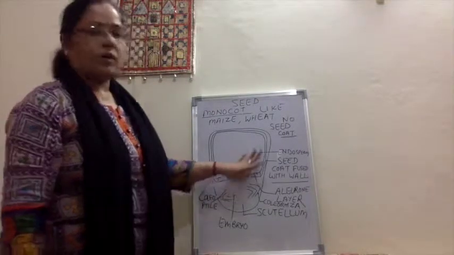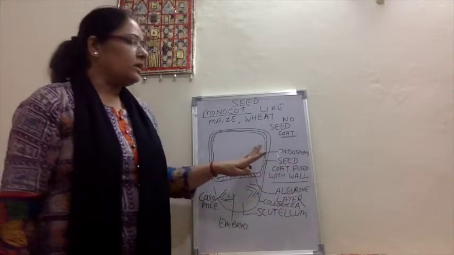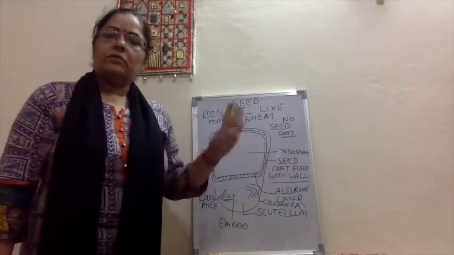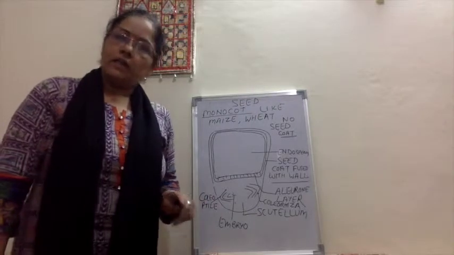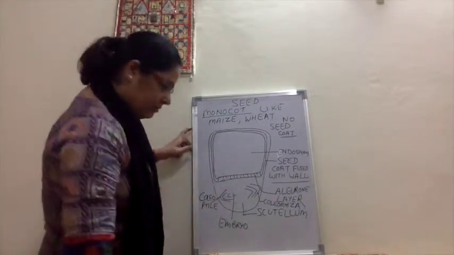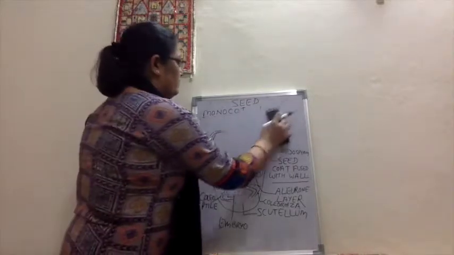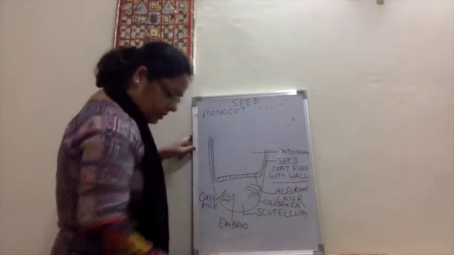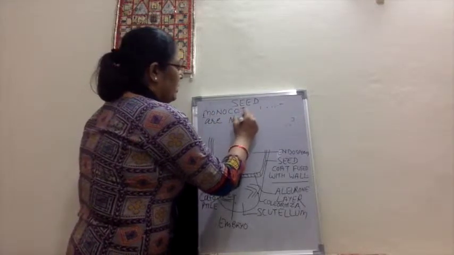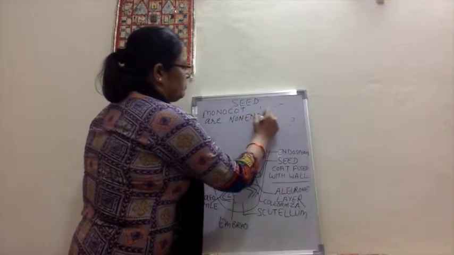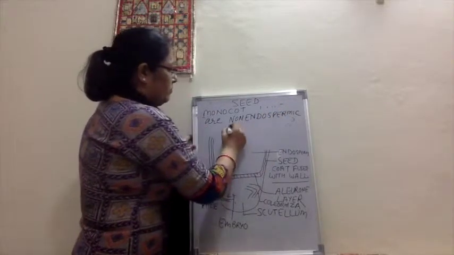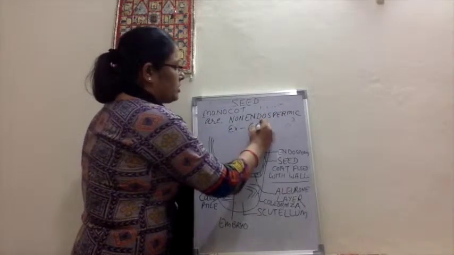And some monocots are non-endospermic, like orchids.